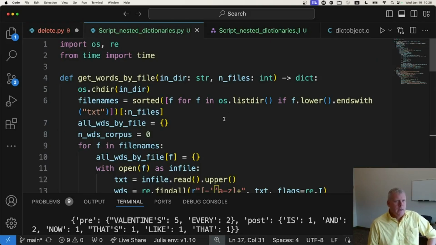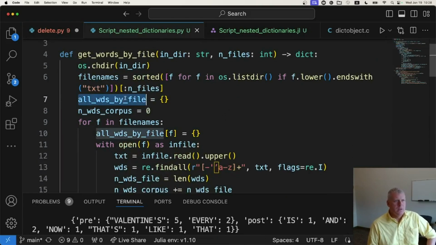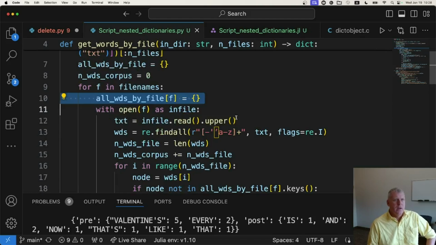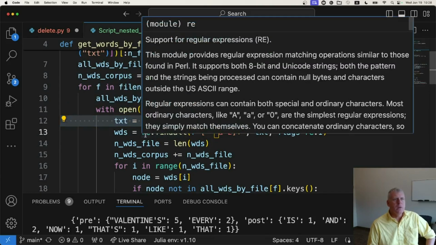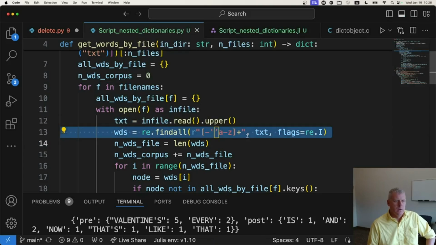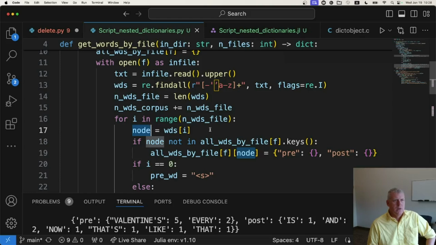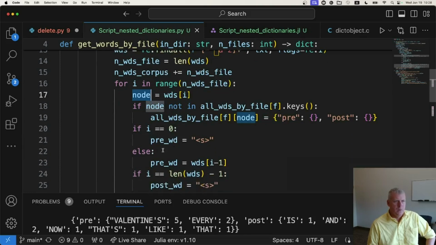And here it is. So here is the top level dictionary. And then I created a dictionary for the current file on line 10. Then I pull in the current file, read it from the hard drive. I find all the words, and then I start getting the previous words and the following words.